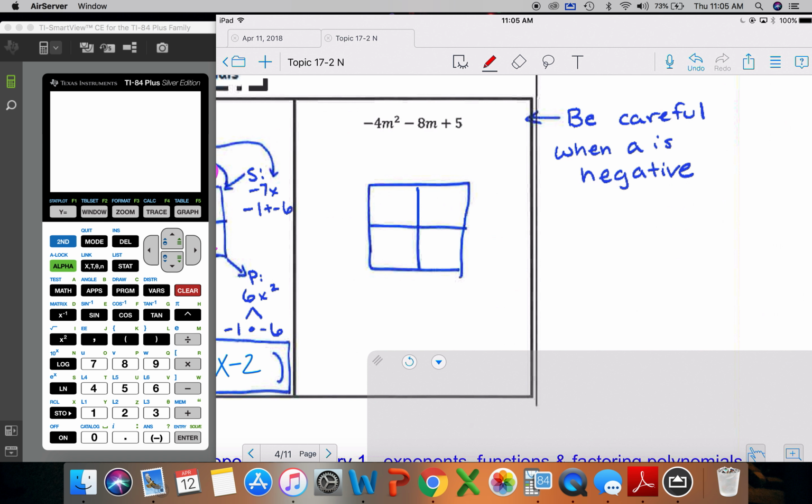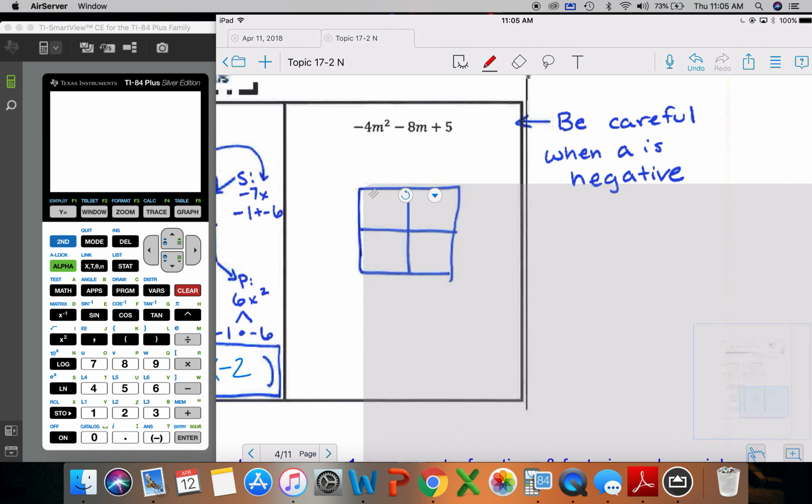For this other option that has not been finished for us, the first thing we have to do is be careful when we start with our leading term as a negative. Because of the way we use the box, we're going to have to factor out a GCF of -1 first to see what we're really working with in our box.